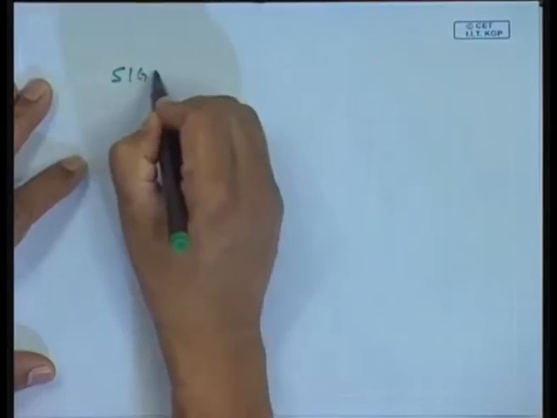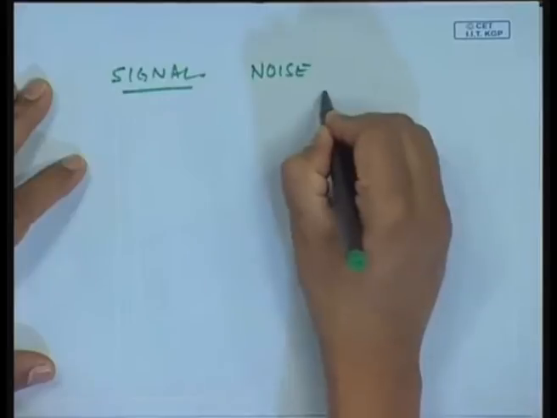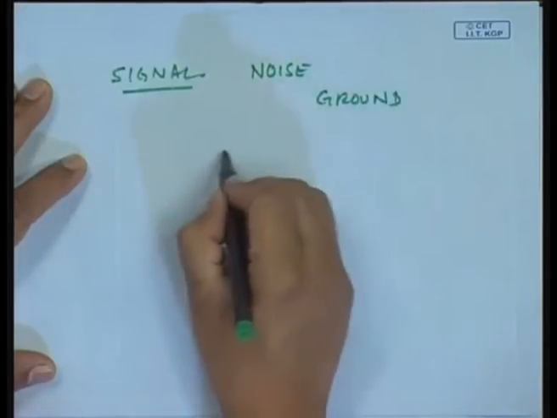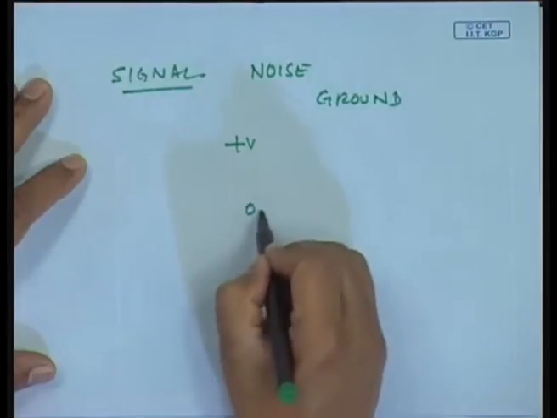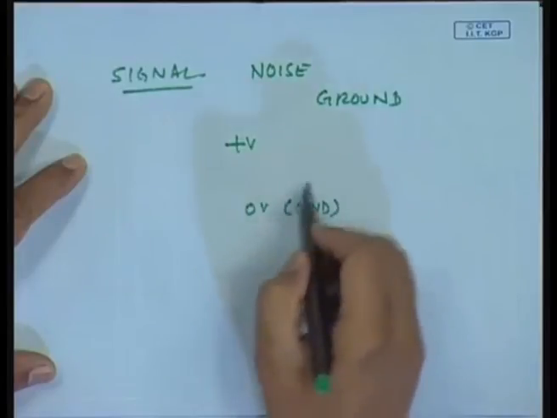And another important aspect of these cards is whether the signal can have noise with respect to ground. So, one is a positive voltage signal, another is the 0 voltage or the ground. Okay.